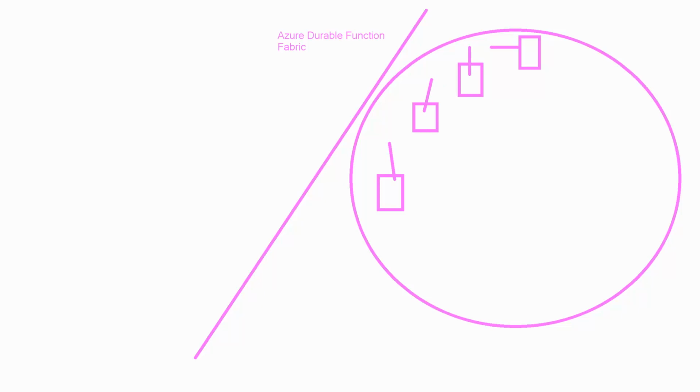If your code has access to it and you know what the ID is, within that storage, so this is your storage account. Your storage account will store the state of these entity function things.